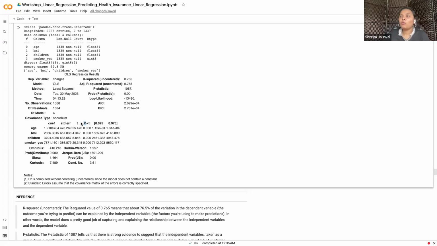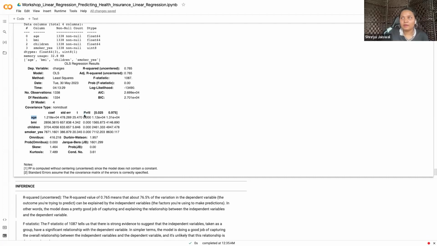If my p-value is lesser than 0.05, and 0.05 is mostly considered the standard value, though it depends on the data you are dealing with, but till now I have used this particular value, that means this particular feature does have a significant impact in determining my response variable.